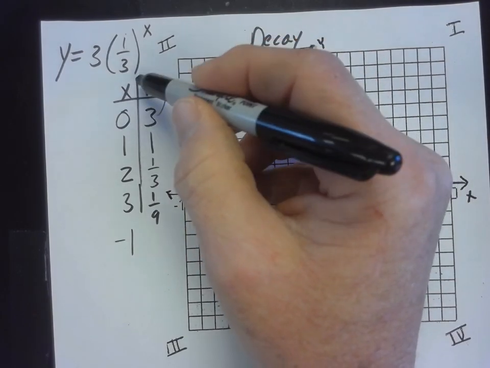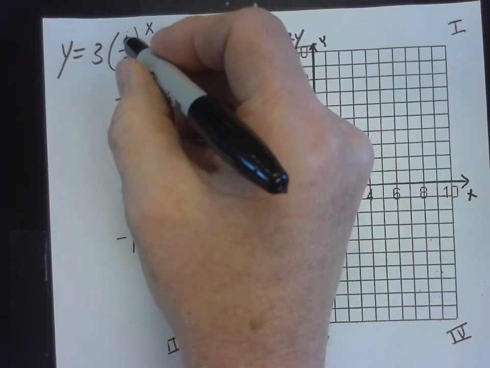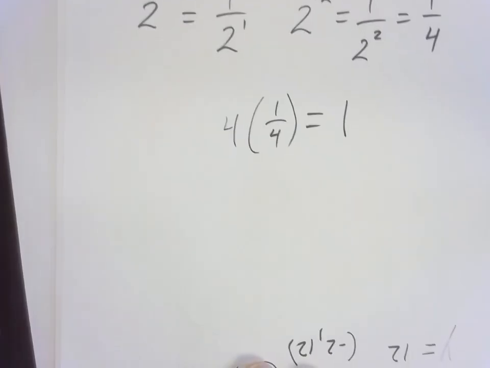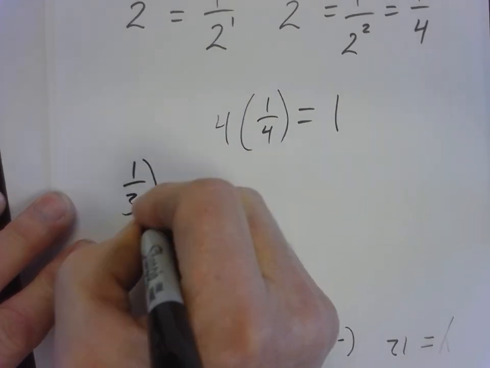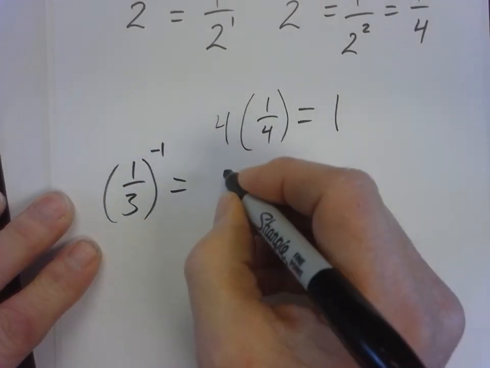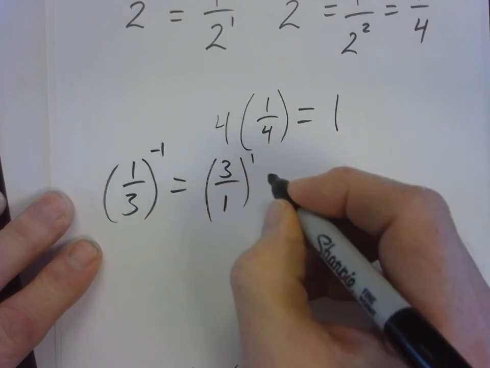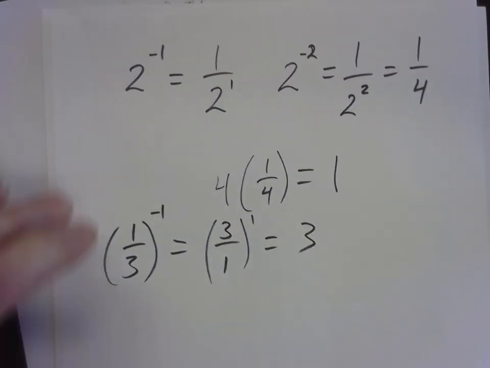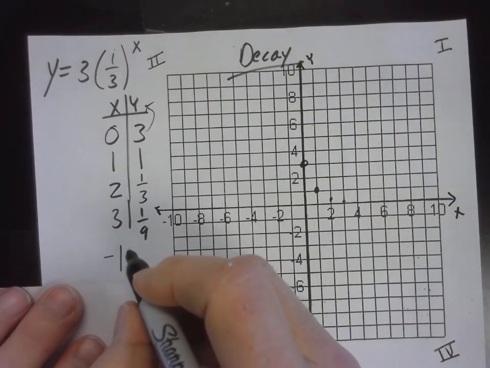We're getting bigger. So when you put in -1, 1/3 to the -1, here, should we get out our work paper here? 1/3 to the -1 is 3/1 to the +1, which is just 3, isn't it? And then 3 times 3? 9, okay. So we're up here at 9.